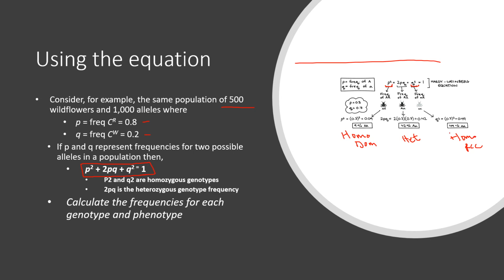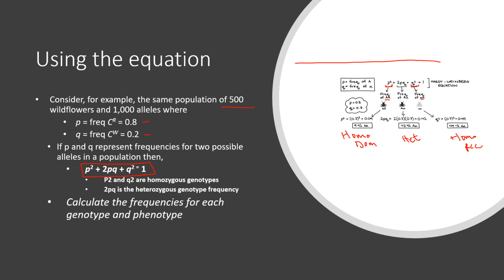This makes sense because when you're homozygous dominant, you have 2 dominant alleles, so it's P squared. If you're heterozygous, you have 1 of each, so you'd be 2PQ. And Q squared is your homozygous recessive because you have 2 recessive alleles. When you add those values together, it equals 1.